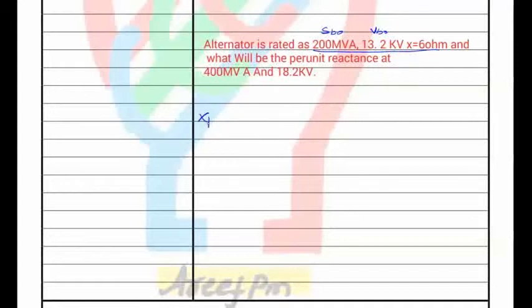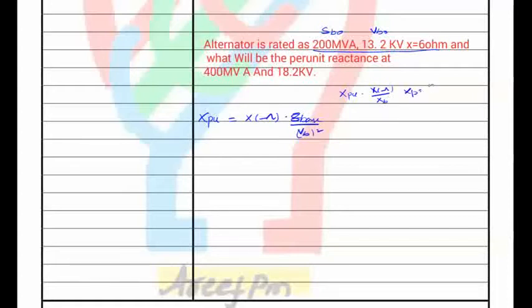So X per unit is equal to X in ohms into S base divided by VB square. This is the formula we use to convert the actual values into per unit values. It is derived from X per unit is equal to X actual value in ohms divided by X base value.